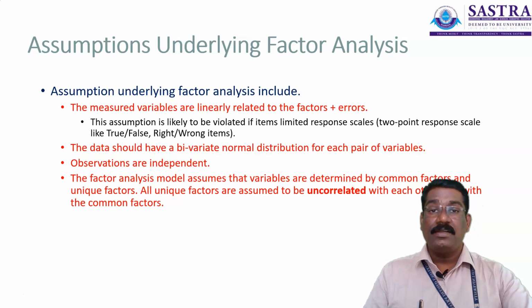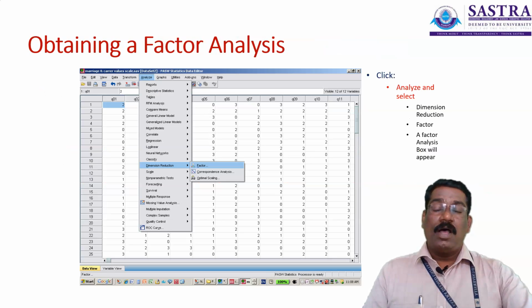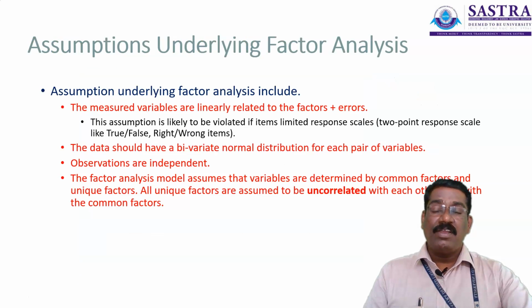Observations are independent, and the factor analysis model assumes that the variables are determined by common factors and unique factors. All unique factors are assumed to be uncorrelated with each other and with the common factors. So I think I have given all kinds of conceptual explanation about factor analysis.